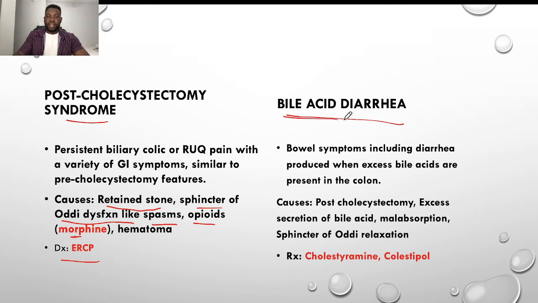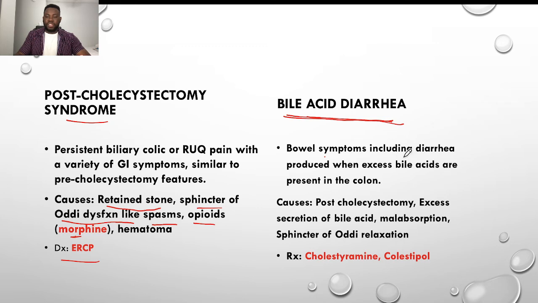Next is the bile acid diarrhea. So let's try to differentiate the two. In bile acid diarrhea, this person may also be one that has done cholecystectomy surgery, and now they are having jaundice and diarrhea.